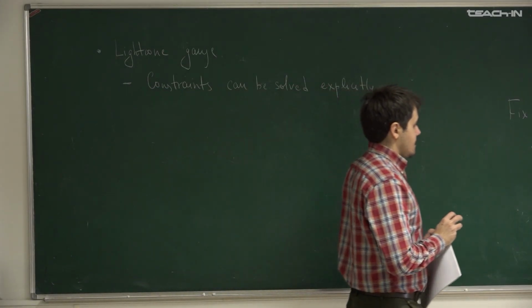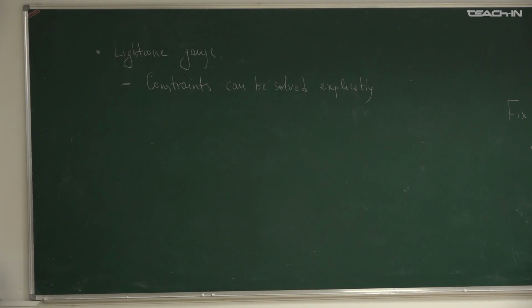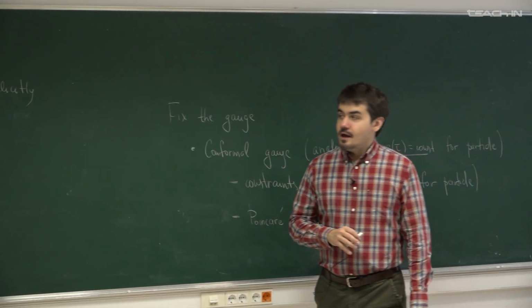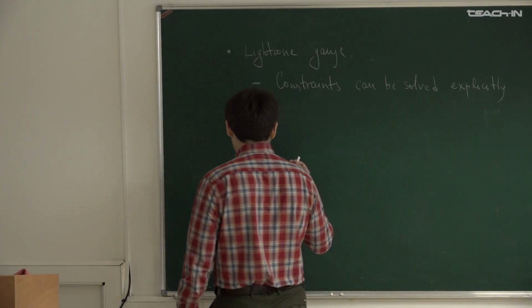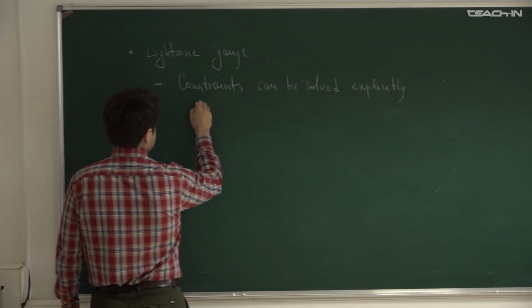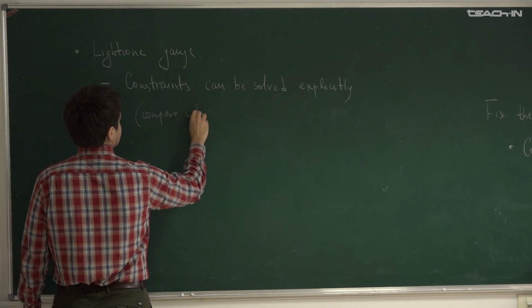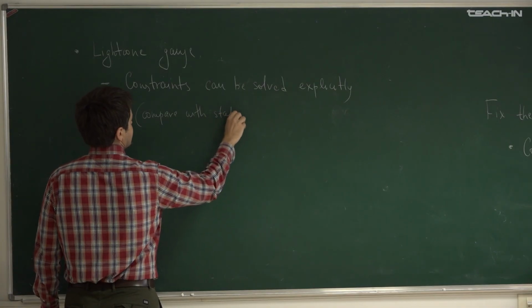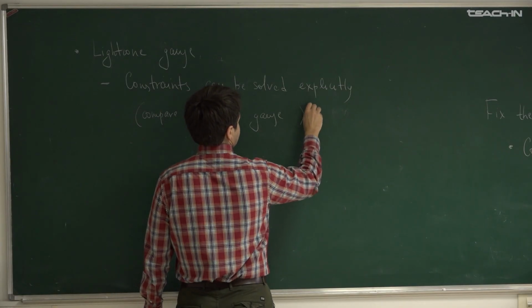In the case of a particle, you can also have a light cone gauge, but it's somewhat less illuminating there. Why is it useful? Because a particle is kind of a simple case anyway. We can solve in any gauge, right? We know they just have straight lines, and that's it. But in the case of a particle, we had the static gauge, remember, which was x0 equals tau, right?